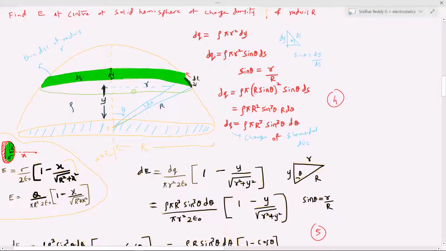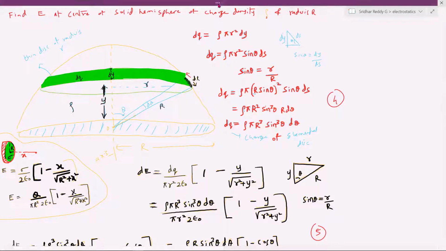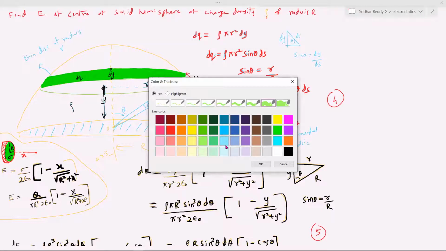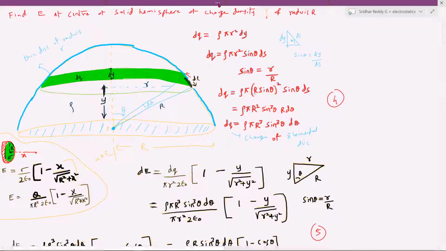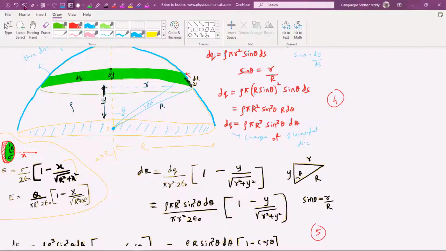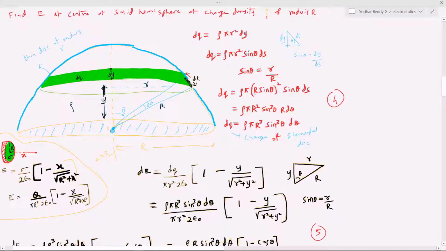So if you look at this, the blue color one you are able to see. This is the solid hemisphere. Exactly at its center, O, we have to find out the E bar at this particular point, at point O.